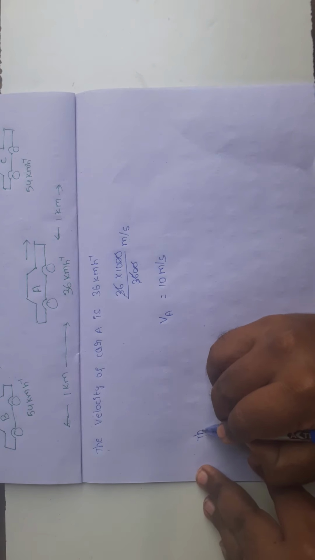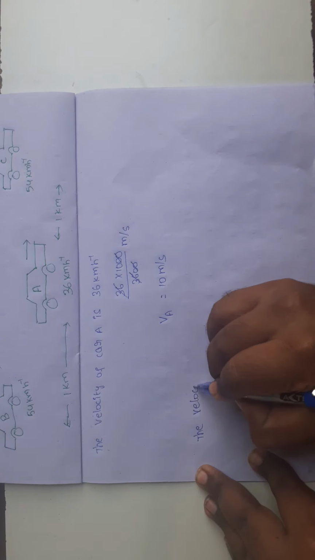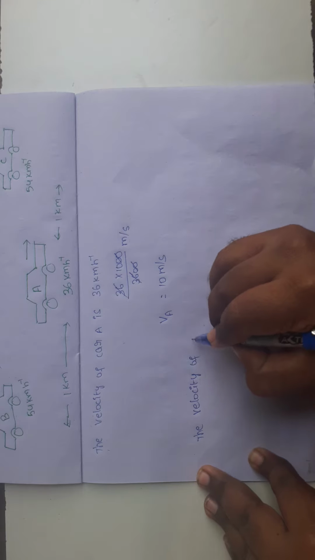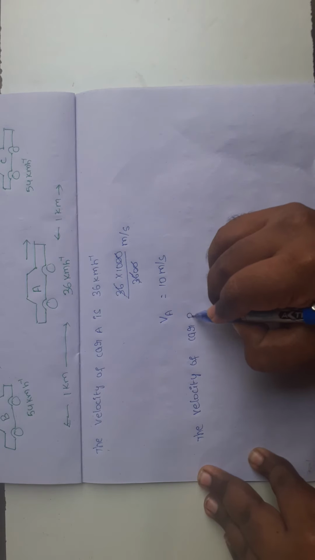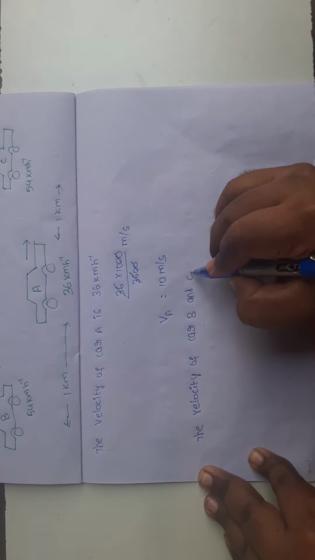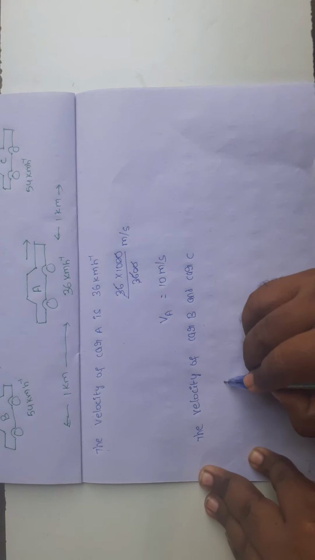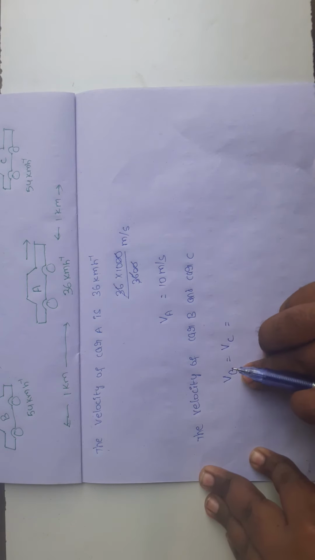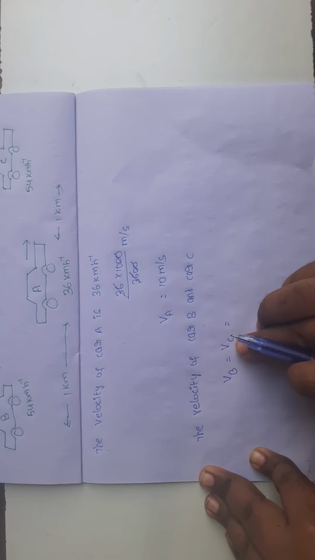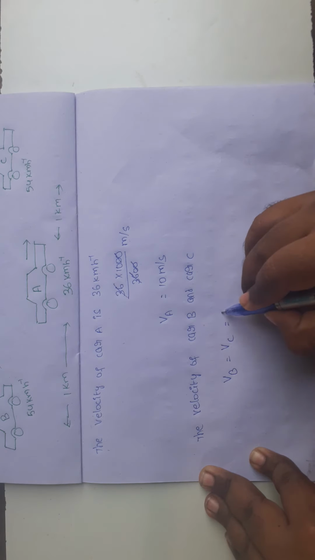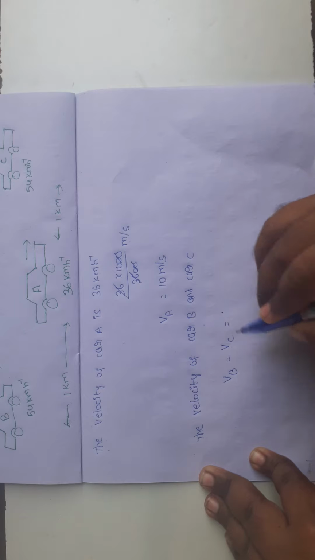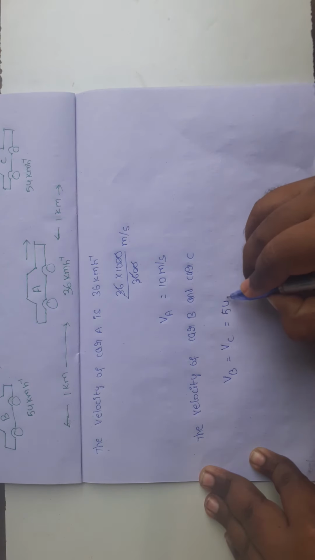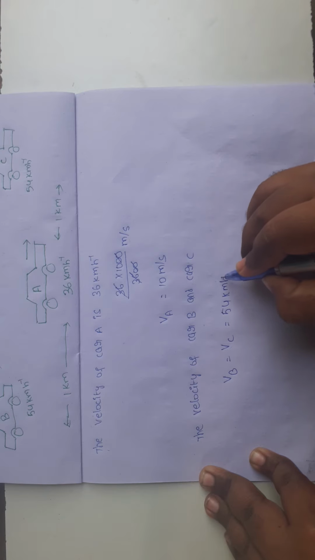Now the velocity of car B and car C. So VB equals VC, the velocity of car B and velocity of car C, equals 54 km per hour.